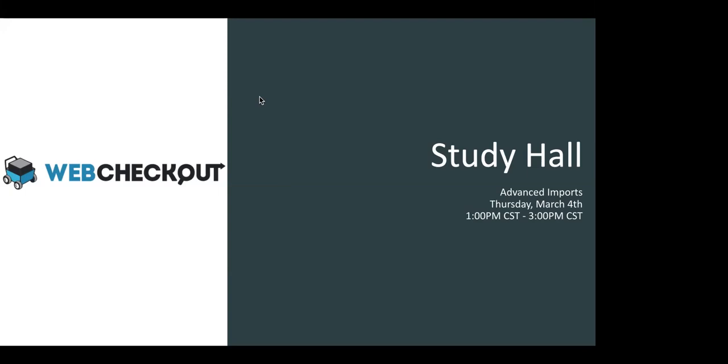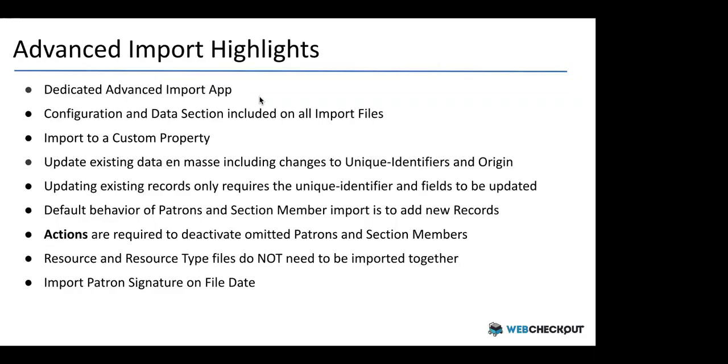So let's begin. All right, so what exactly is advanced import and how can it be used? Advanced import is a new tool for WebCheckout admins to have more control over their imports and hopefully reduce import errors and headache.